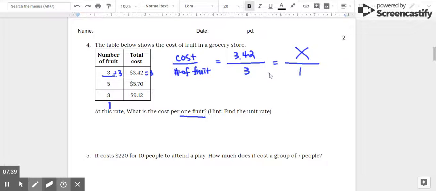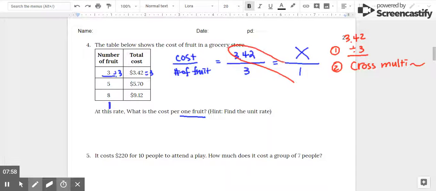So there are two different ways. Number one, you may divide $3.42 by 3, or you may do cross multiplication. I'm not going to write the whole thing. I'm going to do cross multiplication here. It's going to be 3.42 is equal to 3 times x.